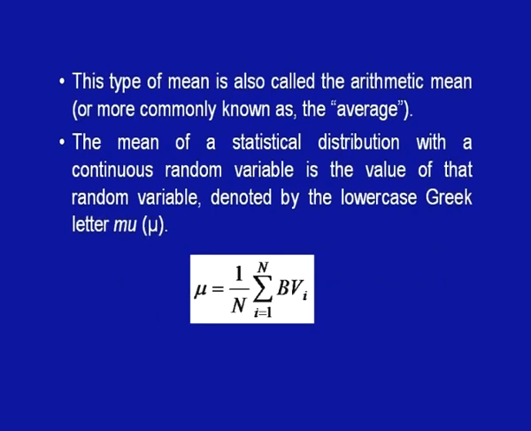This type of mean is also called the arithmetic mean, or more commonly known as average. The mean of a statistical distribution with a continuous random variable is the value of that random variable denoted by the lower Greek letter mu. So, mean can be expressed as 1 divided by n summation of all the points within the given data set.